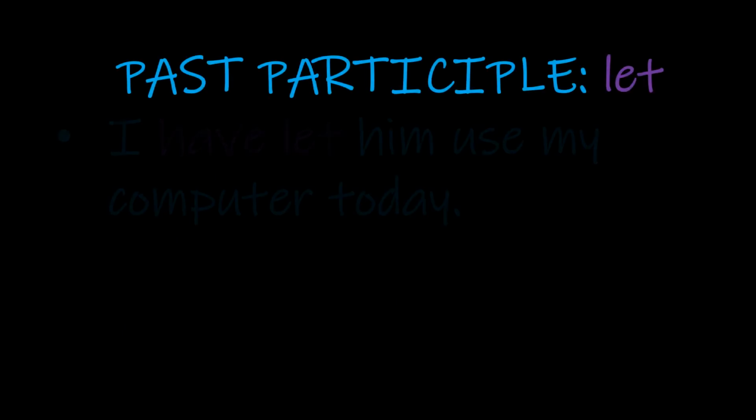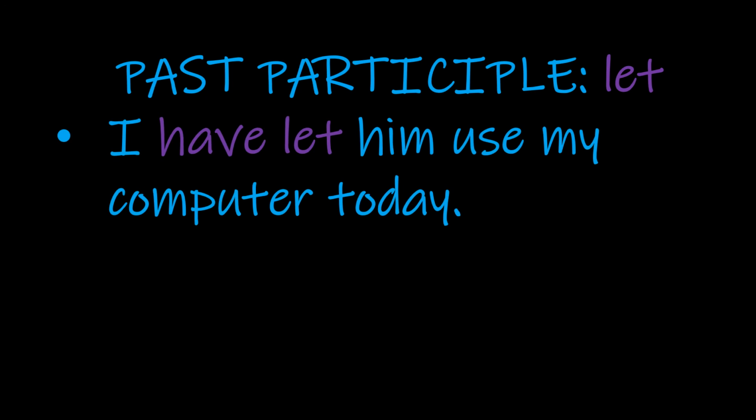So past participle then. I have let him use my computer today. So that's present perfect. The only reason we know that it is that form is because of the auxiliary have, because our let, if you remember, let, three forms that are all the same.